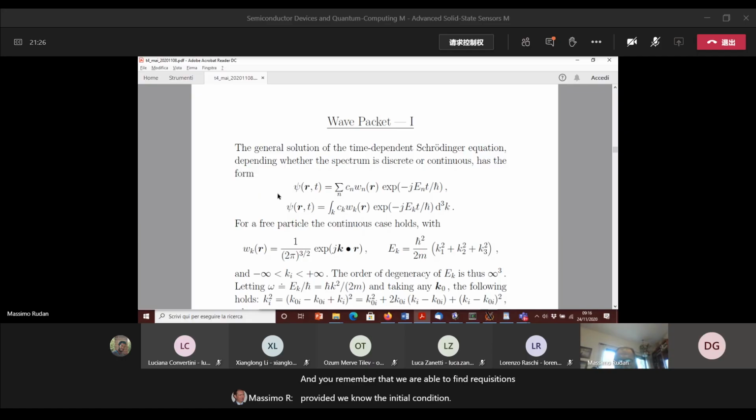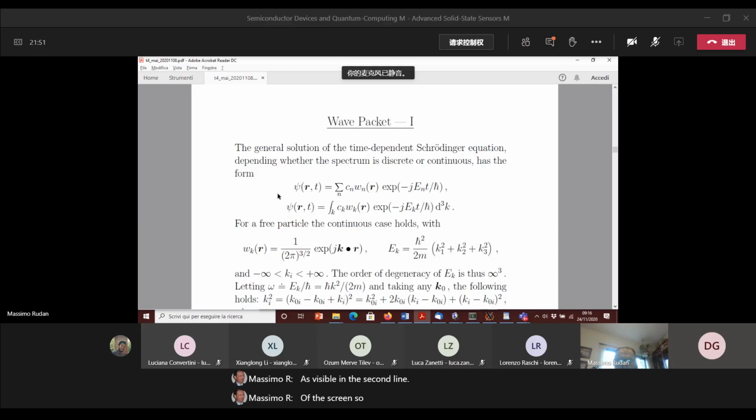On the other hand, it may happen that the Schrödinger equation independent of time provides us with a continuous spectrum of eigenvalues. In that case, instead of using a sum, we must use an integral, as visible in the second line of the screen.